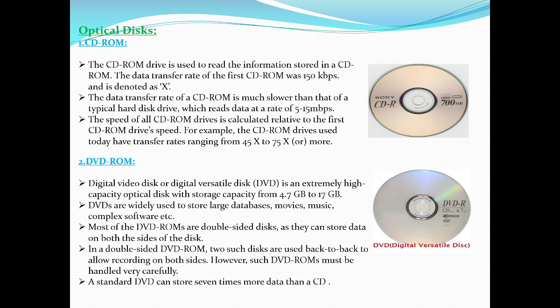And this is a double-sided disk to store the data. We can store the data on both sides of the disk. In double-sided DVD-ROMs, two such disks are used back to back to allow recording on both sides, and should be handled very carefully. In one word, we can say it can store 7 times more than CDs.